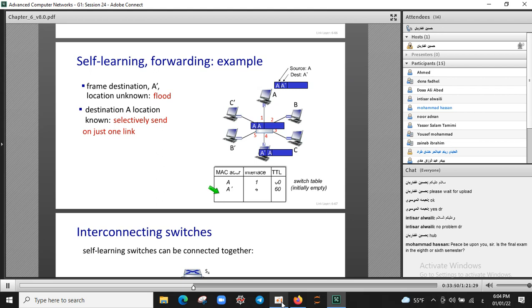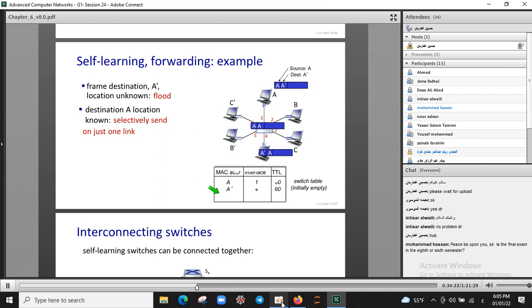When I talk about a hub, using a hub gives one collision domain over all of its ports, all of its interfaces. It means that if you send information over one of the hub's ports, the hub cannot send or receive information over the rest of the ports. All of those ports are placed in a single collision domain.